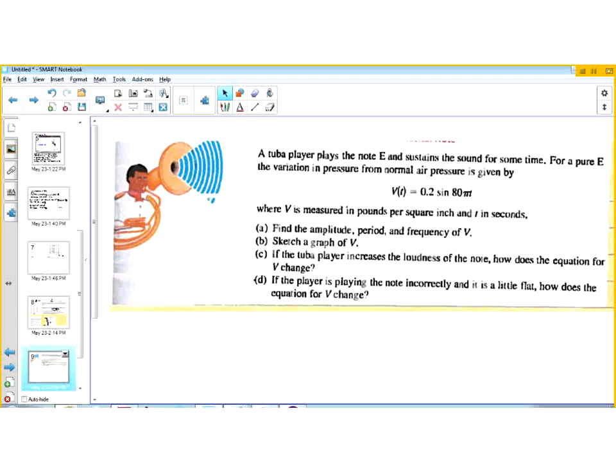Okay, so the amplitude, of course, is 0.2. The amplitude is simply the coefficient on the function right there, so there's your amplitude, circled in red. To find the period, we take the argument on t and go 2 pi divided by 80 pi.